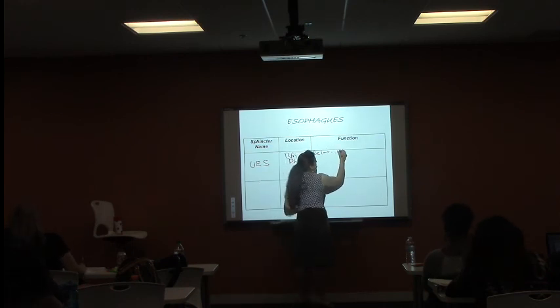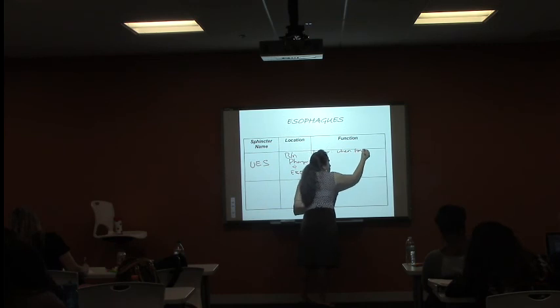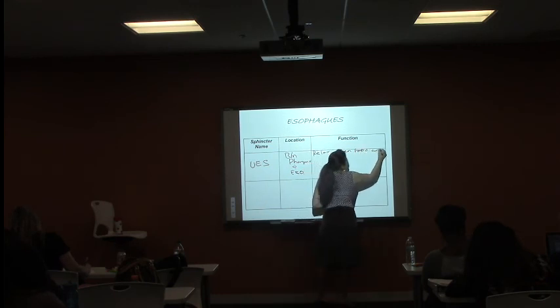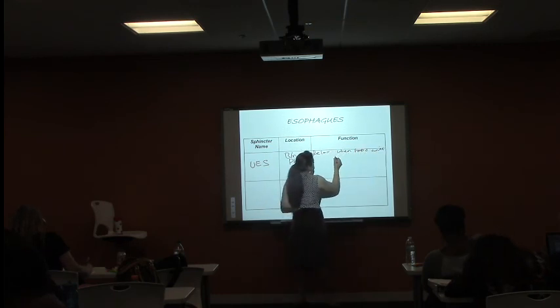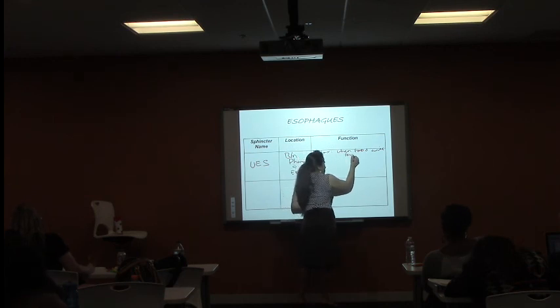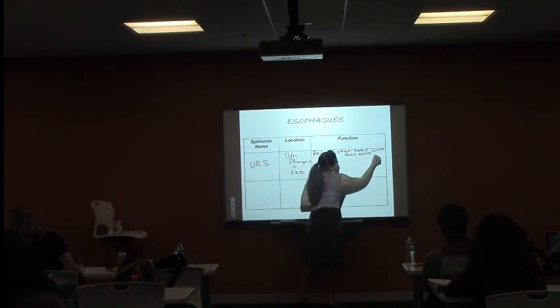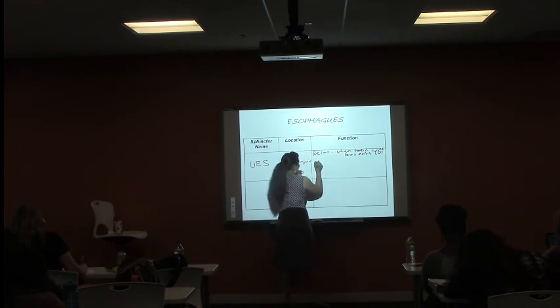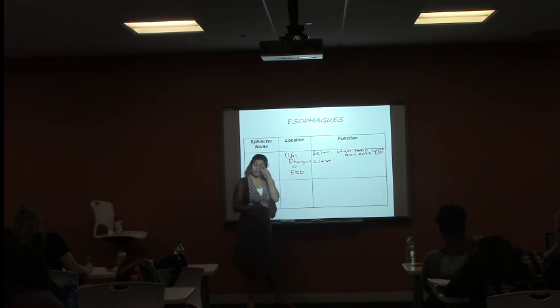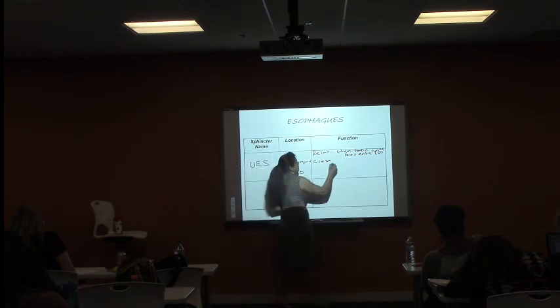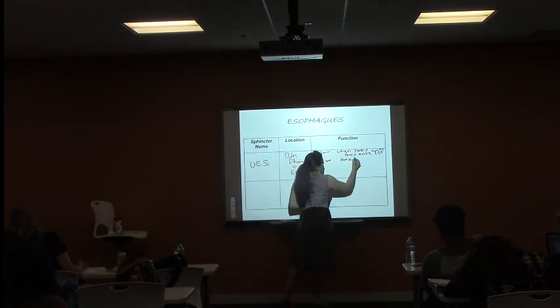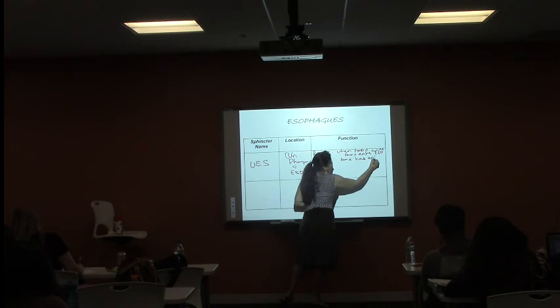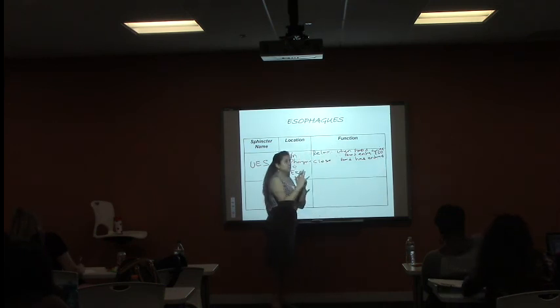It relaxes when the food arrives, therefore food enters the esophagus. When does this close? Once the food has entered the esophagus, it stays closed. So when it's relaxed, it's open.